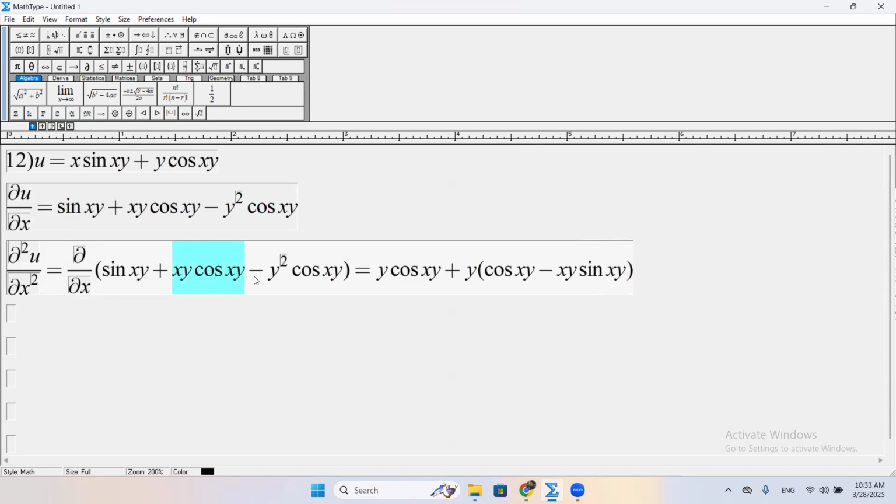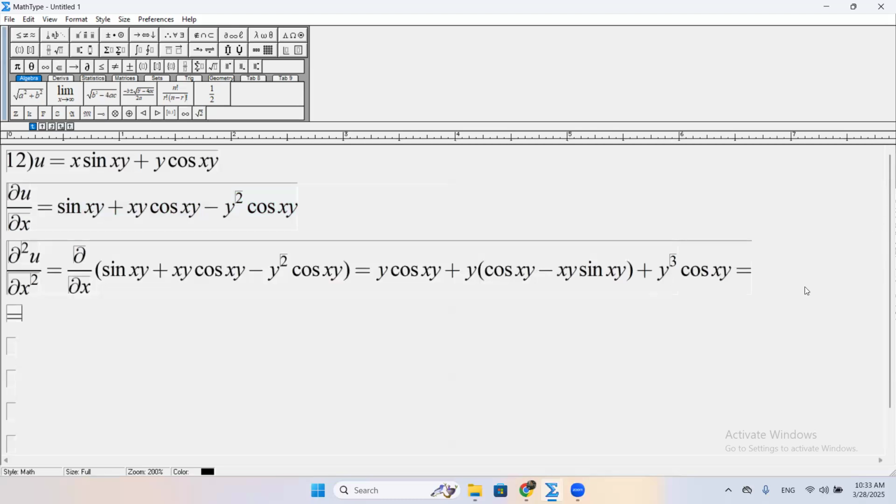So we differentiated this expression and moved y out of brackets, just not to confuse us. And minus and plus y cubed by cosine of xy. Now let's see if we can simplify this expression somehow.